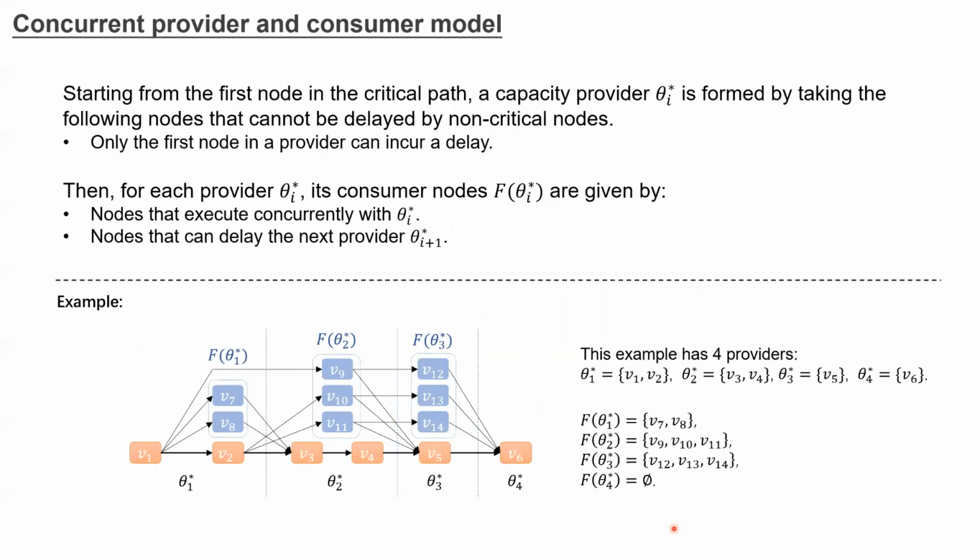Then for each provider, its consumer nodes are given by the nodes that execute concurrently with the provider, as well as can impose a direct delay to the start of the next provider. So for this example, we can have 4 providers, and each of the first 3 providers has its own consumer nodes.